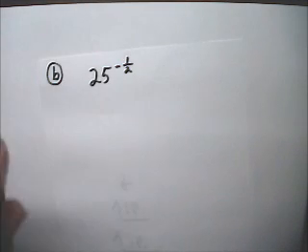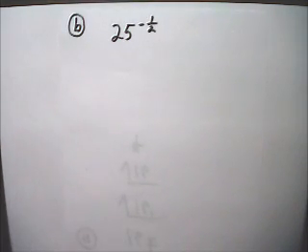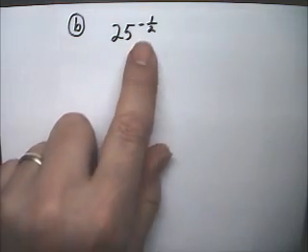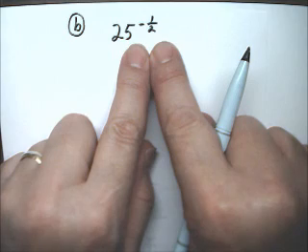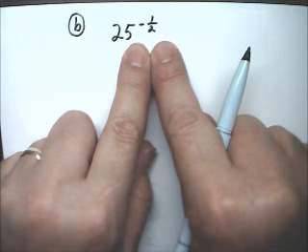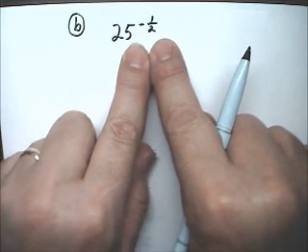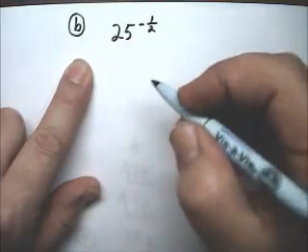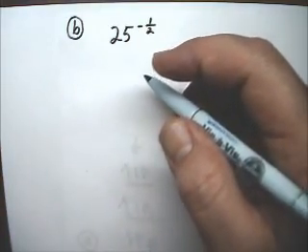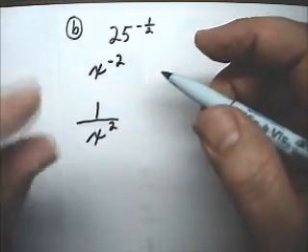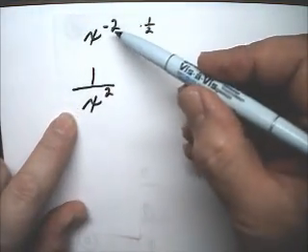Now the B part of the question is 25 to the negative 1/2 power. You can see these are starting to get complicated. We're applying everything that we know about exponents. And first of all, the negative exponent, the example that I always remember for negative exponents is this one.